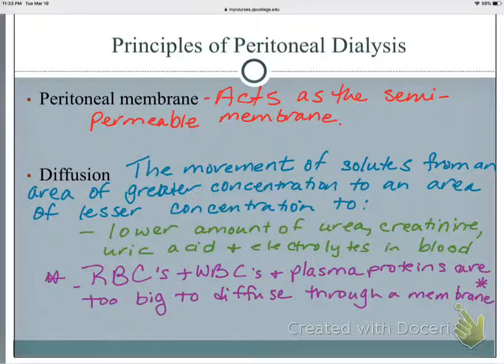It works with diffusion, the movement of solutes from an area of greater concentration to an area of lesser concentration, lowering the amount of urea, creatinine, uric acid, and electrolytes in the blood. Again, we already talked about this, but the RBCs, the WBCs, and plasma proteins are too big to diffuse through the membrane. Okay?